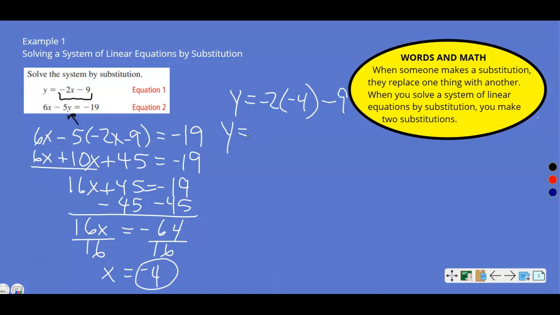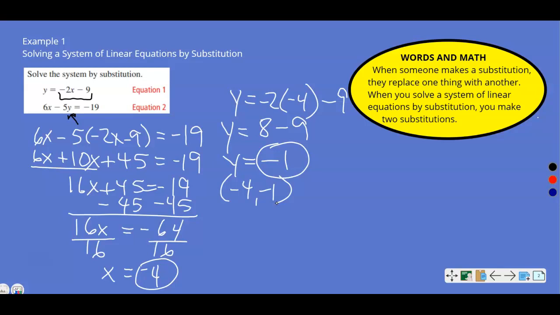So negative 2 times negative 4 is positive 8. Positive 8, bring down the negative 9. 8 minus 9 is negative 1. So that would be our y value. So our solution would be negative 4, negative 1.